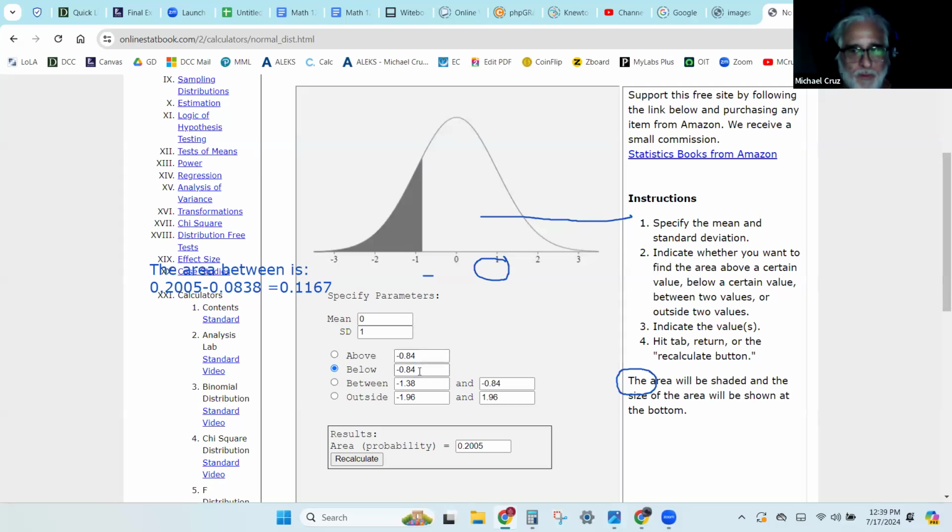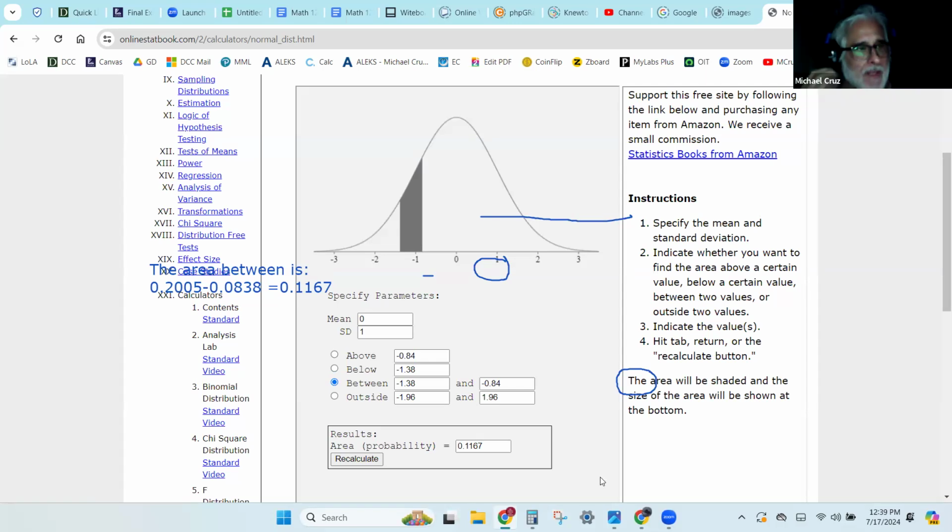So the way that we find the difference is we find the big one, which was this one right here, and then we chop off the small part, and we get the between.